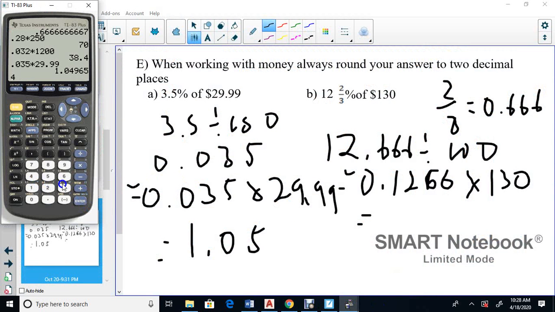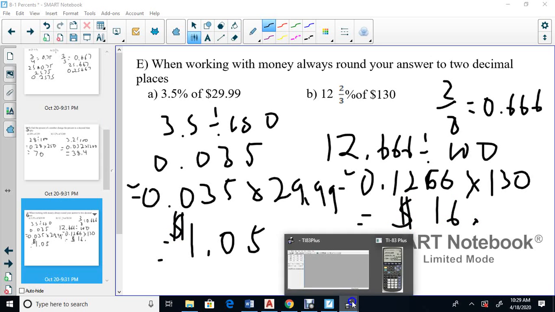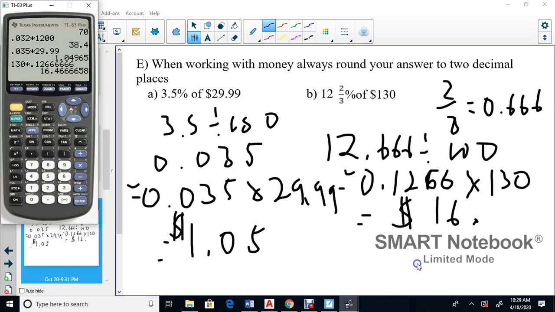You get 130 times 0.126666 forever. Enter, and you get 16.47. So you get your dollars. I forgot to put the dollar sign here. So $16.47.